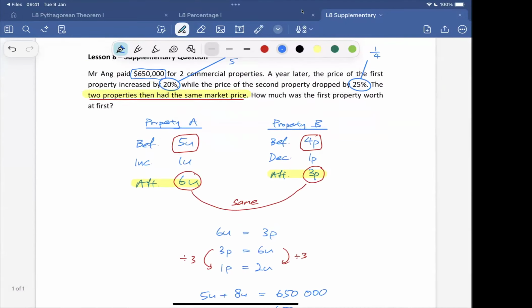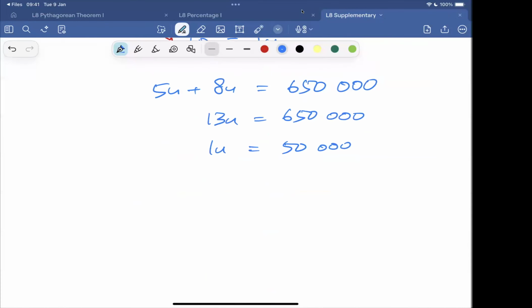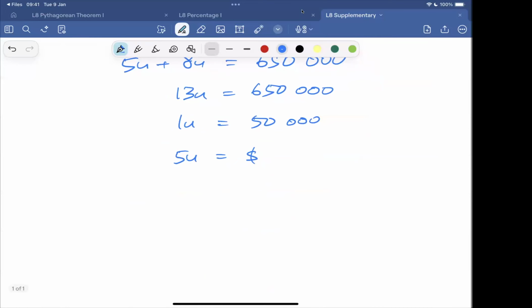So now you know what's 1 unit. How much is the price of the first property? How many units must we find? The first property, which is property A, is 5 units. So the answer is 5 times 50,000. What is 5 times 50? I think you should be able to calculate this. 250,000.